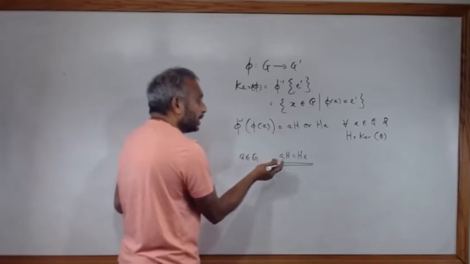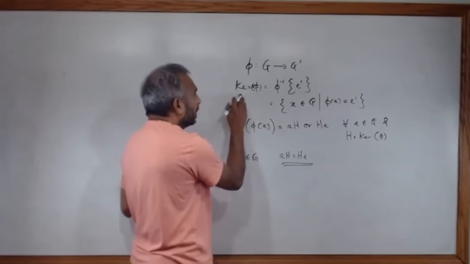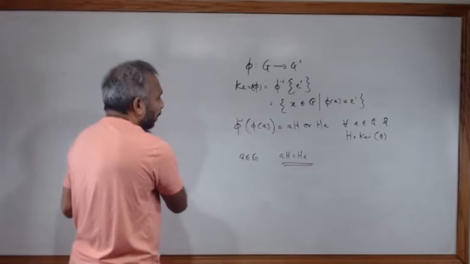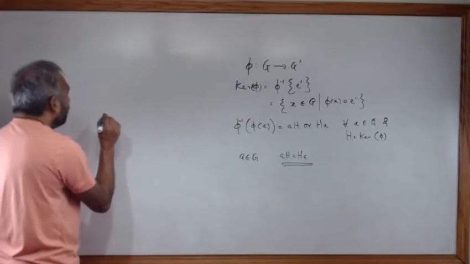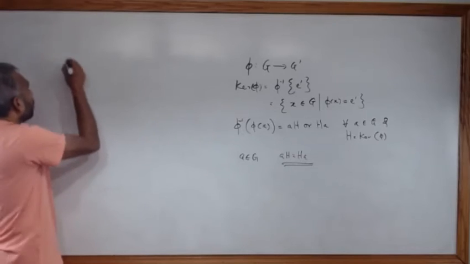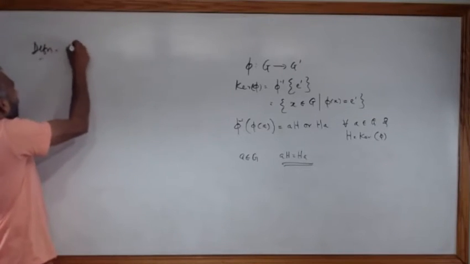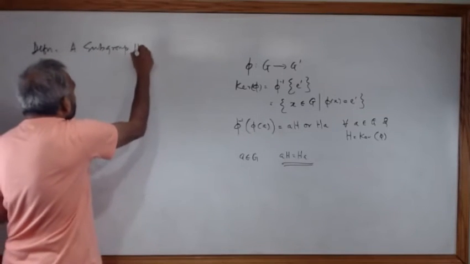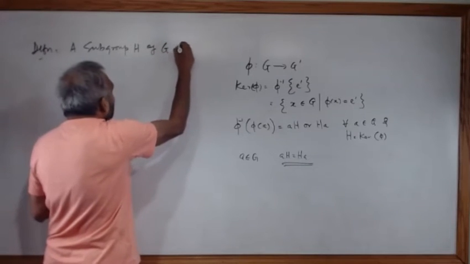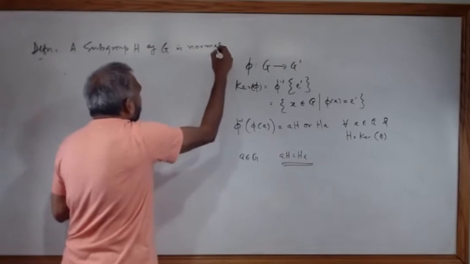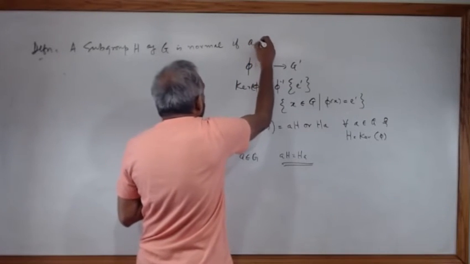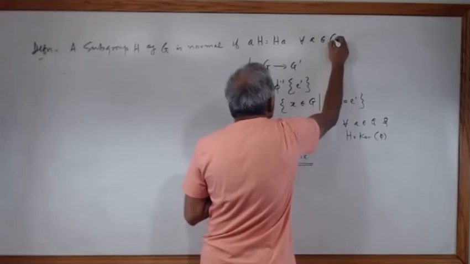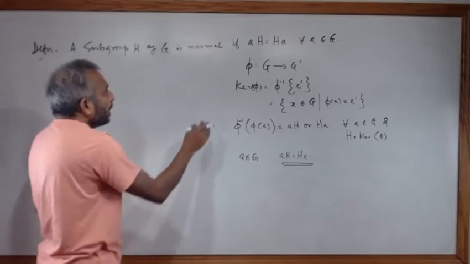So there may be some other subgroups other than the kernel. Kernel is a subgroup, but if you generalize this idea for any subgroup, we call that subgroup normal. So the definition is: a subgroup H of G is normal if aH is equal to Ha for all a in G. Kernel is one of them.